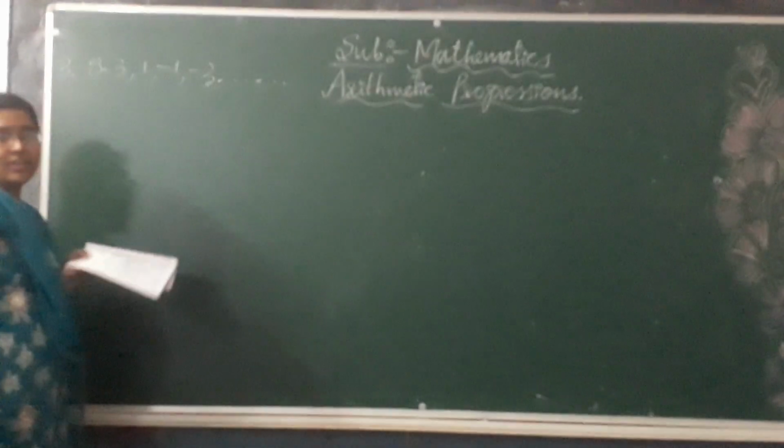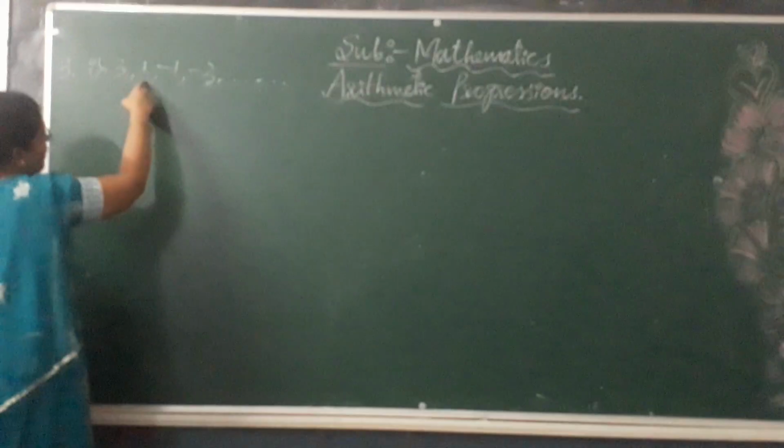One more kind. Here an AP series is given, that is 3, 1, -1, -3. In this we have to find the first term and also the common difference. Already we know that the first number itself is the first term, that is a equals 3.